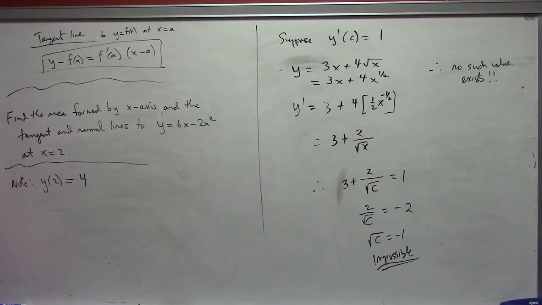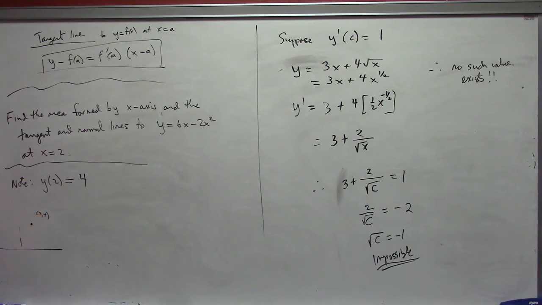And so my functional value at 2 is 4. Okay, so if I wanted to draw a little picture here, there's my x-axis, and I don't really care about the y-axis, but this would be the point (2, 4).